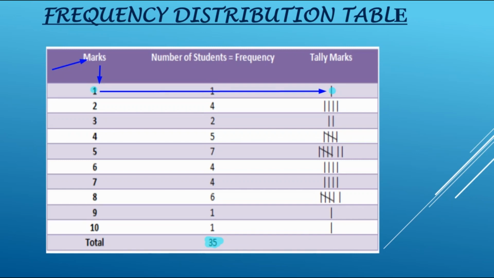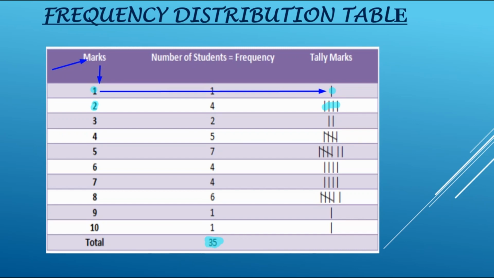Two appears, suppose 2 marks are scored by 4 children. So that means 2 will appear 4 times in the given data. So we will make 4 bars, 1, 2, 3, and 4. As many times as the number appears in the given data, we will make those many tally marks.